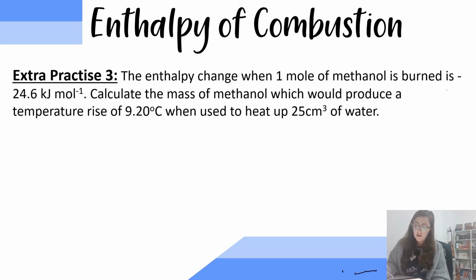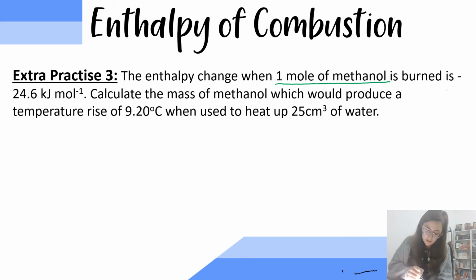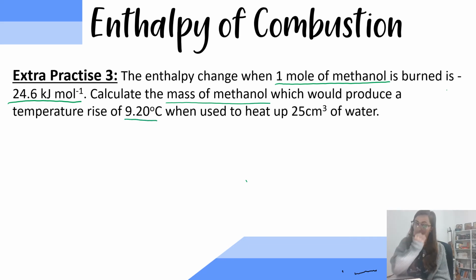So for this question, we're not being asked to calculate the enthalpy of combustion of 1 mole. We've already been given that. We've been given that when 1 mole of methanol is burned, negative 24.6 kilojoules per mole of energy is released. That is the enthalpy of combustion. The question is asking us for the mass of methanol, which would cause a temperature rise of 9.20 degrees C.